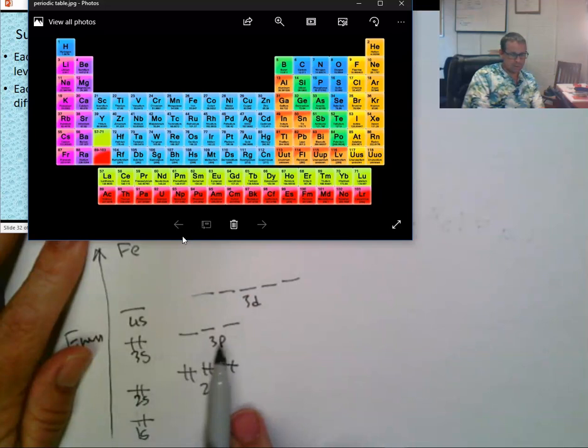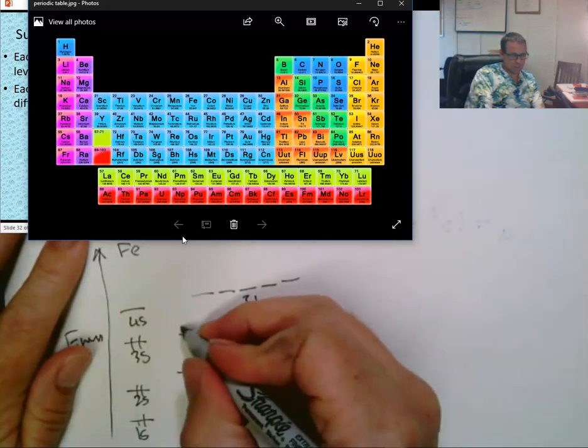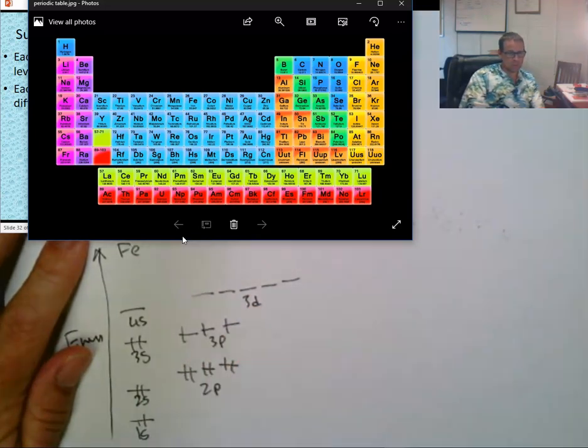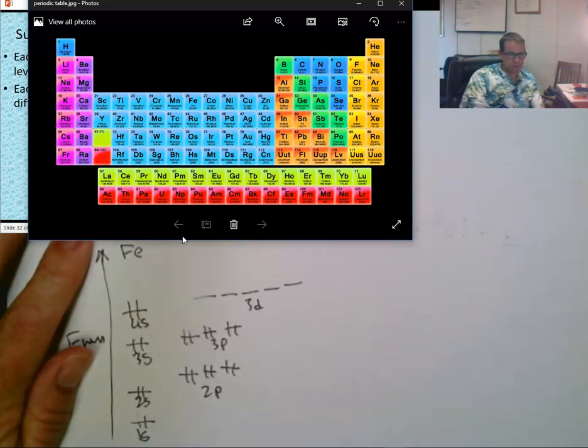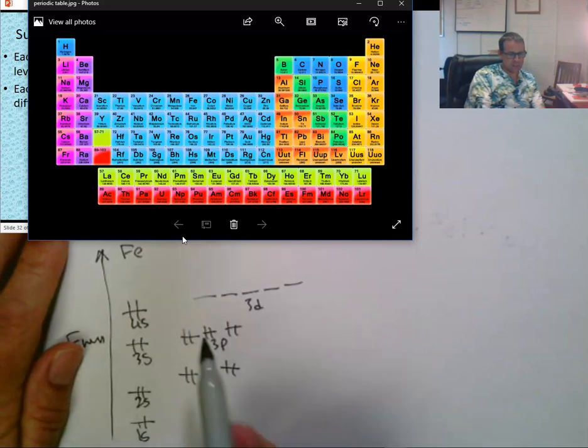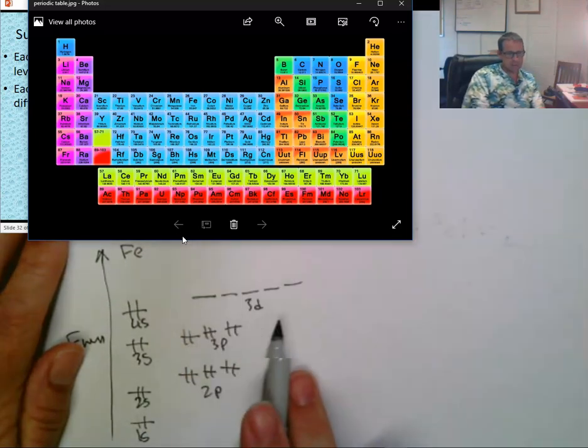Remember, when we fill subshells like this, each orbital gets 1 electron, and then we fill them up. 4s2, those are our valence electrons, and then 6 electrons in the 3d, right?